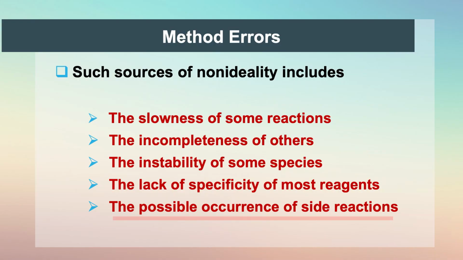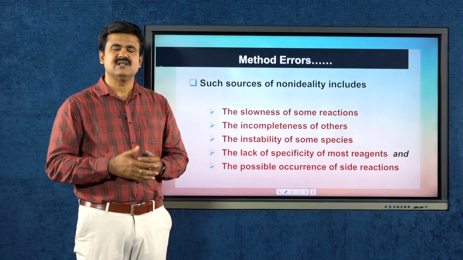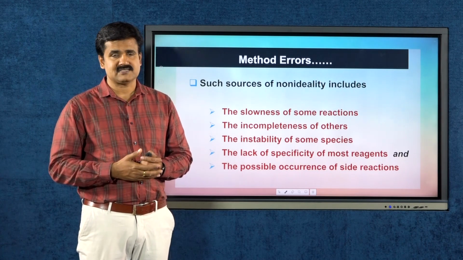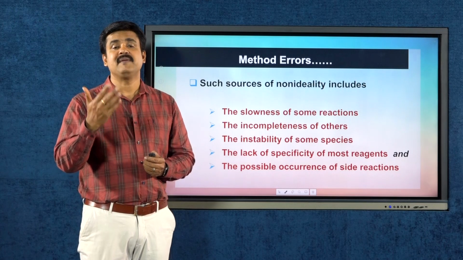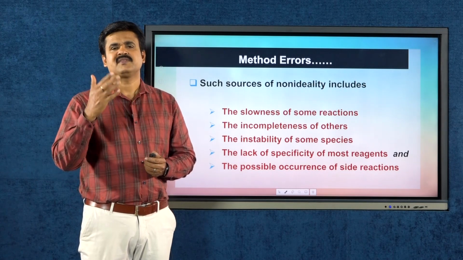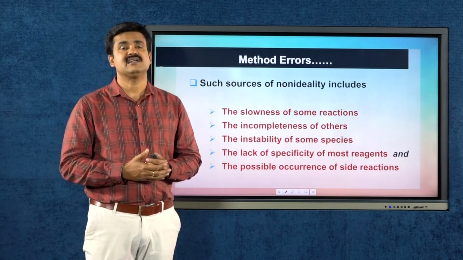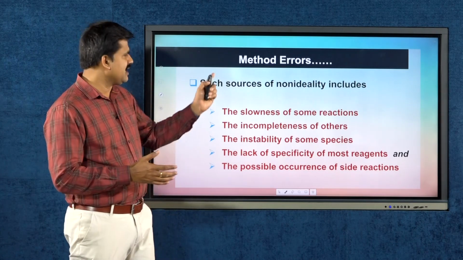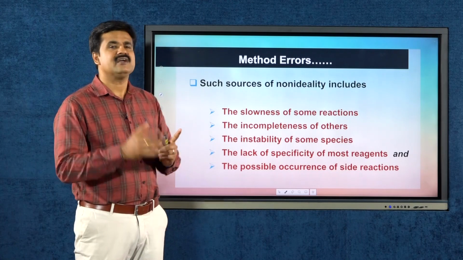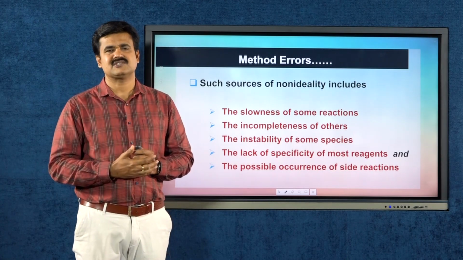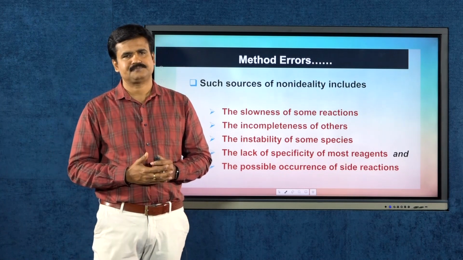And finally, the non-ideality includes the possible occurrence of side reactions. Side reactions lead to the formation of side products. Those side products may influence the original analysis and lead to method errors. So, these 5 important non-idealities are the ultimate source of method errors.